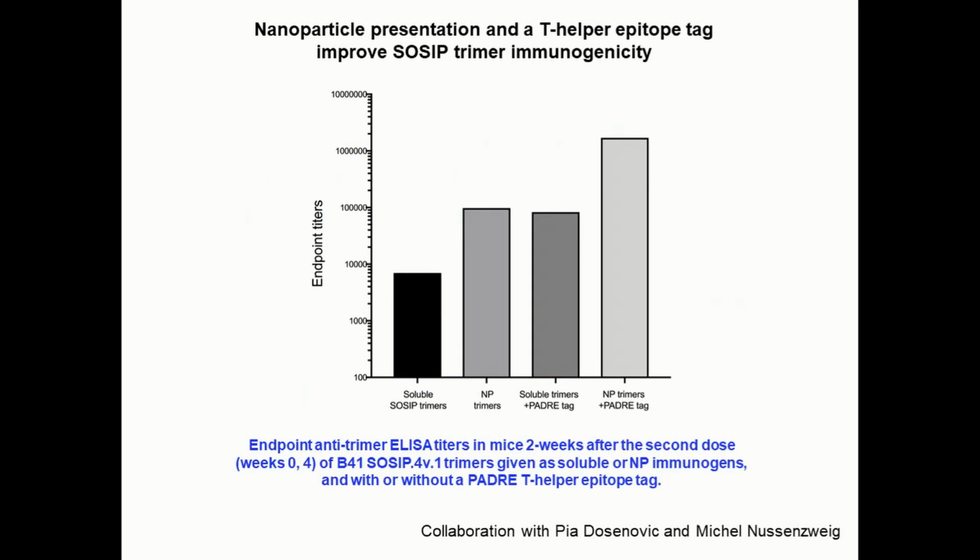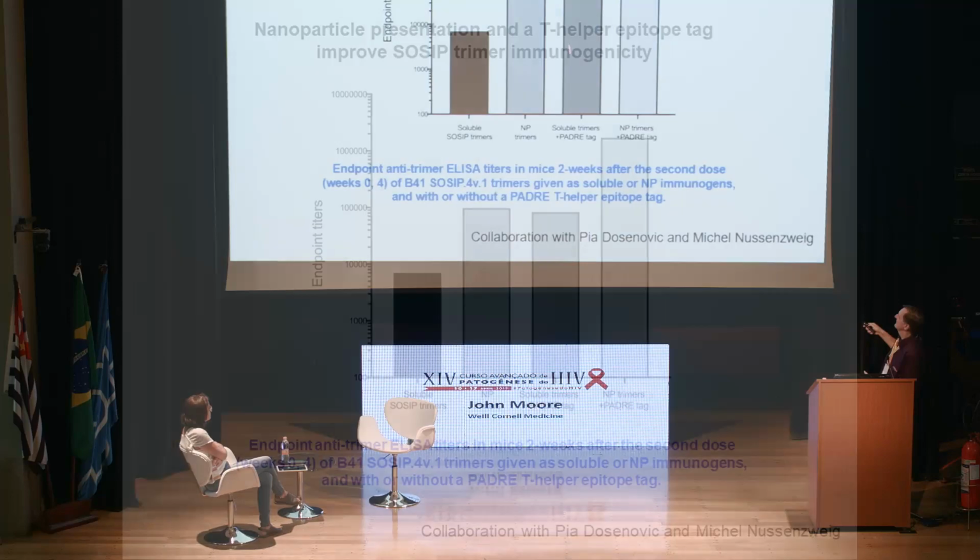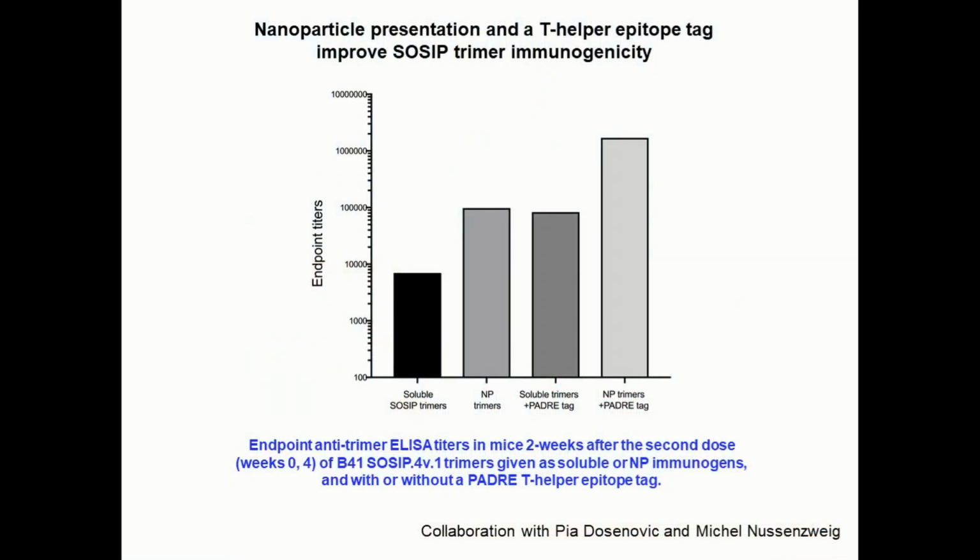This is a mouse experiment that's still ongoing. These mice were immunized twice. We do 2 doses of B41 particles, and there's soluble trimers. There's trimers on nanoparticles. It's about 200-fold better binding antibody response. There's soluble trimers with a T helper epitope tag. That is a better response.